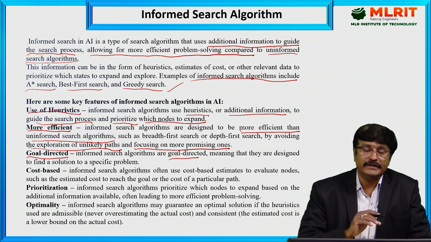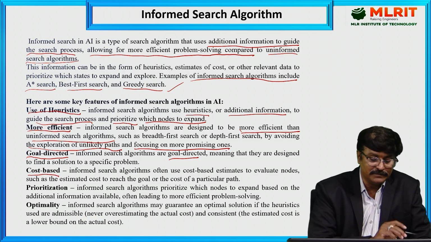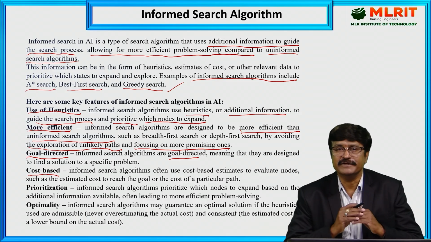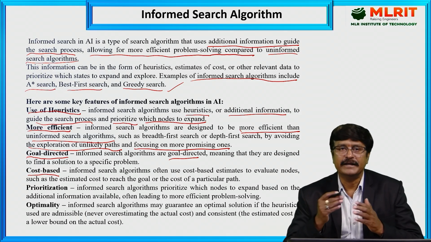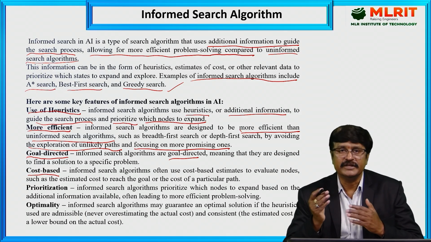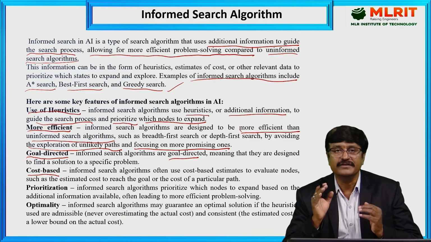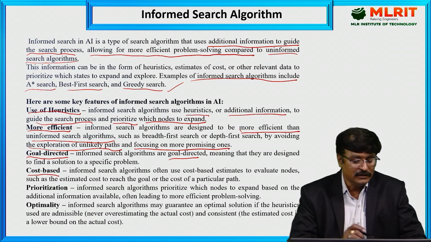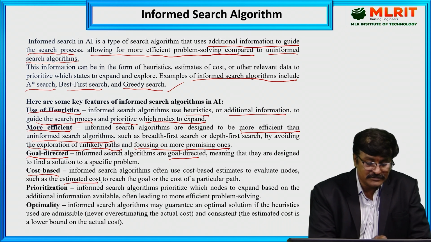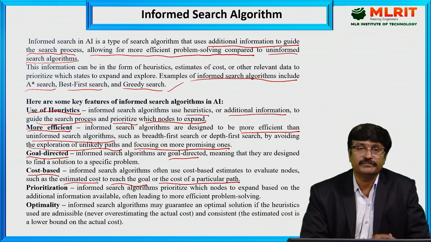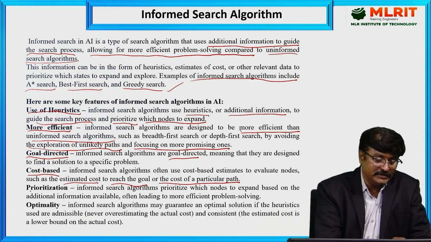And moreover, it is cost based. Informed search algorithms often use cost based estimates to evaluate the nodes, so you can find the least path, the shortest cost path, so that you are getting the optimal path. Such as the estimated cost to reach the goal, or the cost of the particular path, and prioritization.